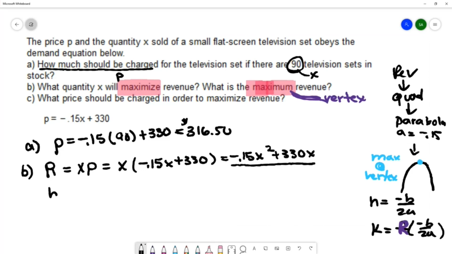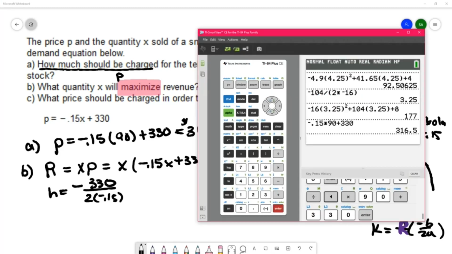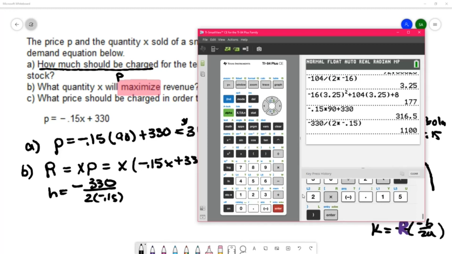So h is negative b, that's negative 330, over 2 times a, negative 0.15. Now let's use that calculator. We have negative 330 over, let's use parentheses, 2 times negative 0.15. We get 1100.